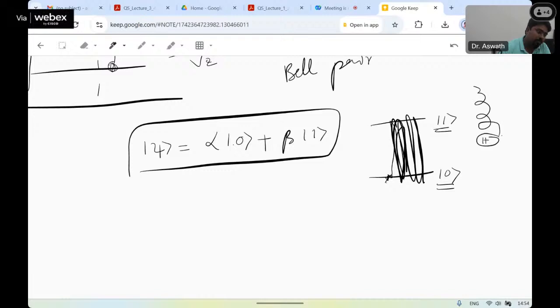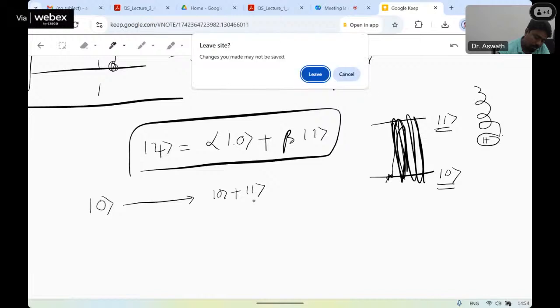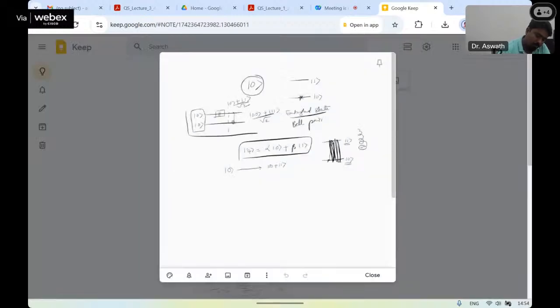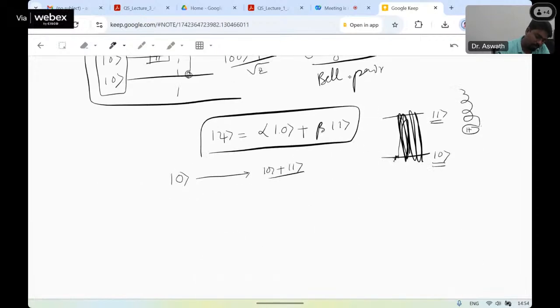So what I have to do is start the system in a very basic state and put that into qubit superposition form. It could be an equal superposition or some generic superposition, like alpha 0 plus beta 1, which is very sensitive to the external field.